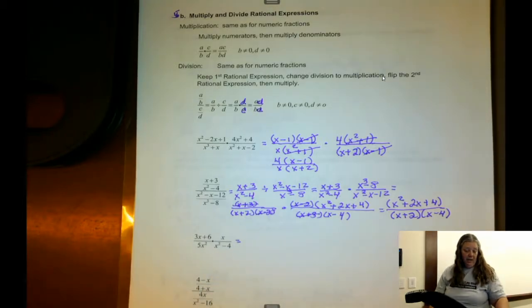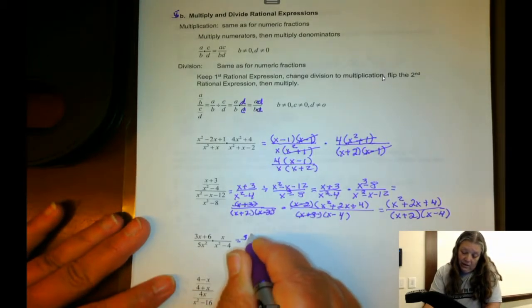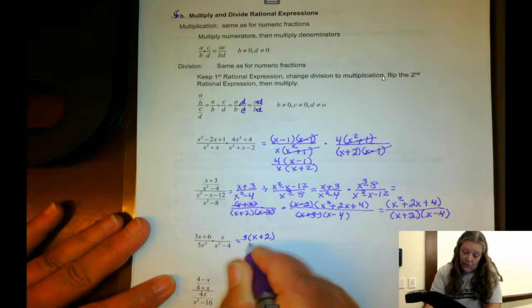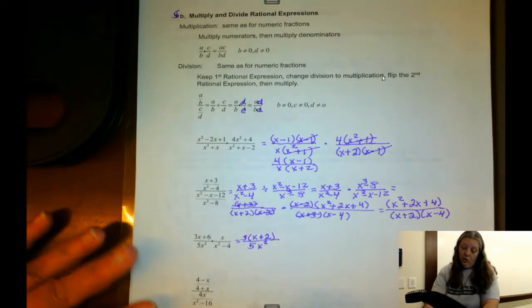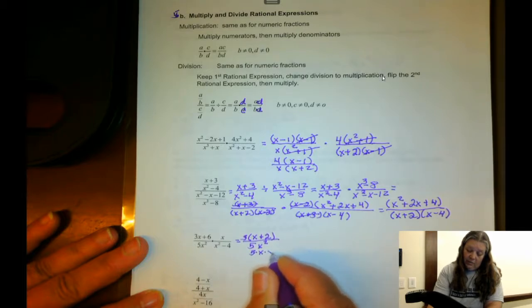Next one is multiplication. So we're going to factor. Common factor of 3, so 3 times x plus 2. No factoring we can do in the bottom, although you could, if you wanted to, write it as 5 times x times x.